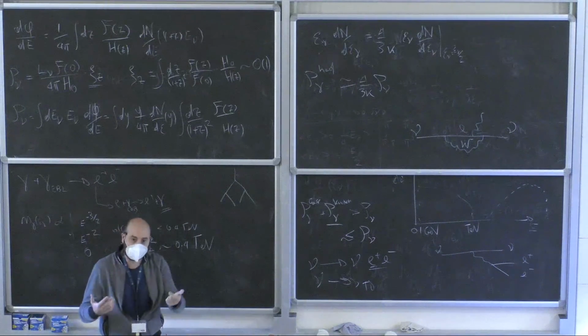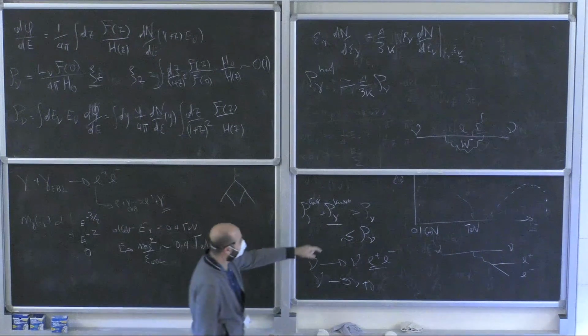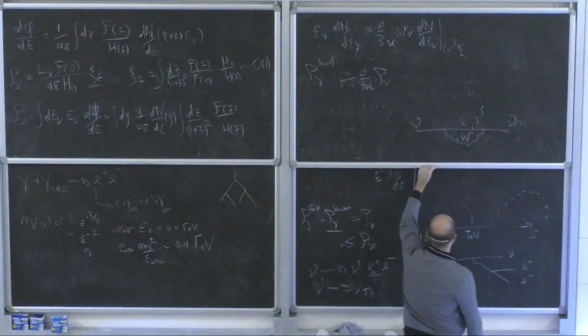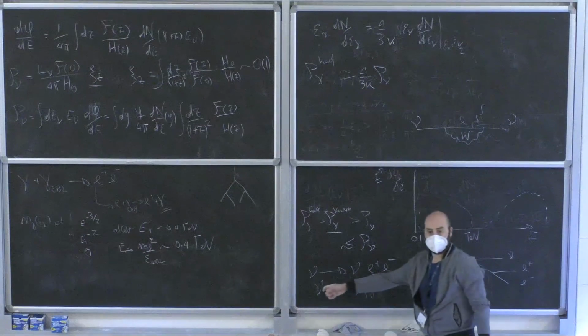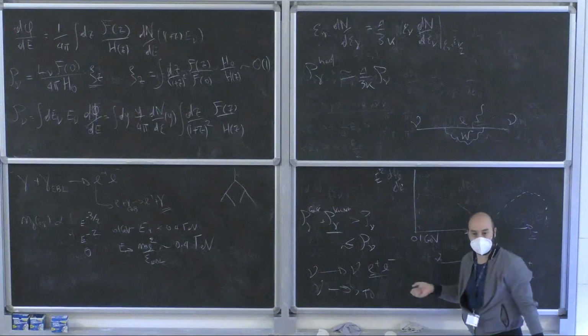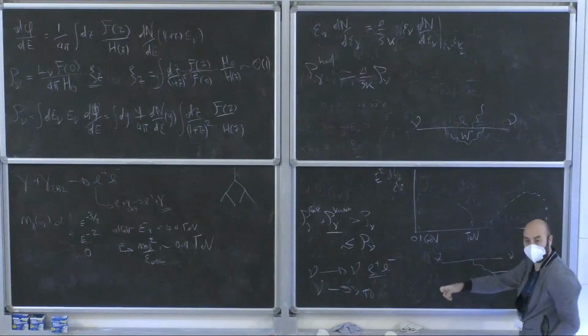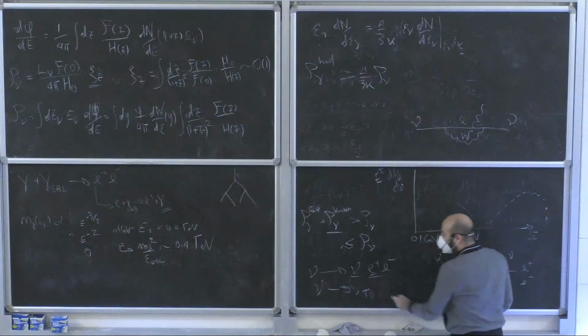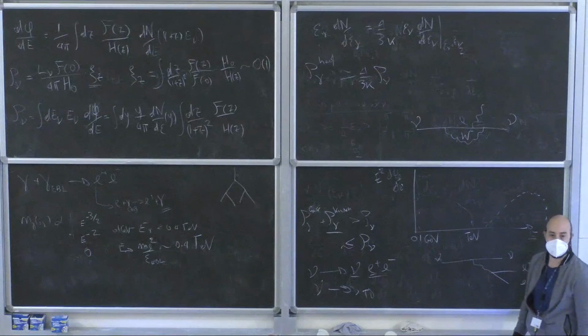Okay, so we can repeat the same argument. Imagine that this process only happens once. If it only happens once, it means basically that you should have comparable energy in the final neutrino and the electromagnetic part.